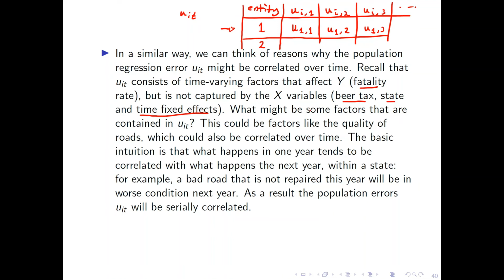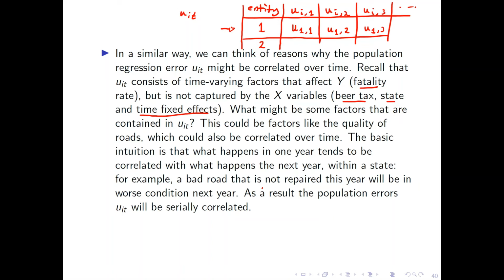So what might be a factor creating this dependency? Looking at fatality rates, you might think that the quality of the road has something to say on the fatality rate. So with worse roads, fatality might increase. And roads are not repaired at random.